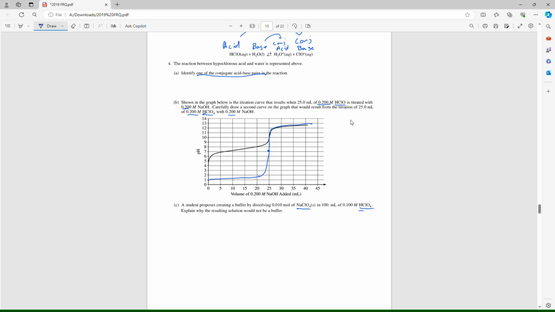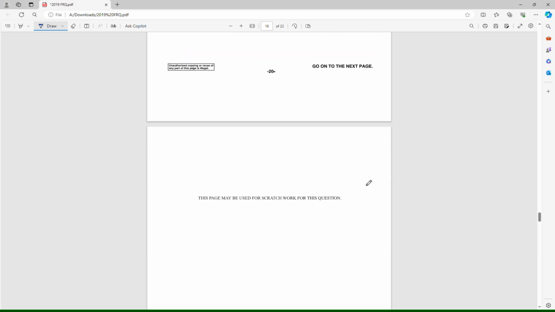The reason that it's not going to work is when HClO4 becomes ClO4 minus, this is not a reversible reaction because this is such a strong acid. So if this reaction can't reverse, the ClO4 minus cannot resist addition of H plus, since it cannot accept an H and reverse this reaction. So that's not going to be a buffer.